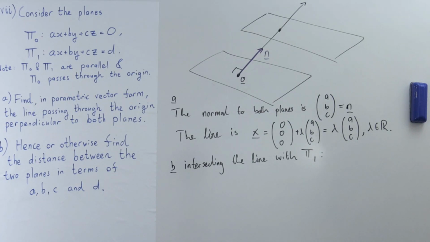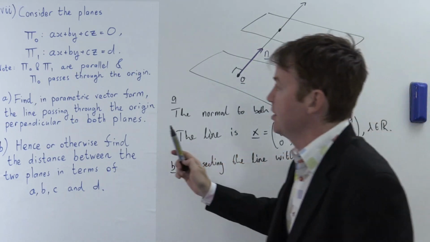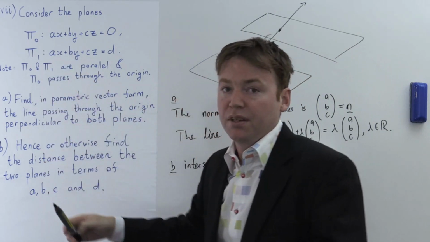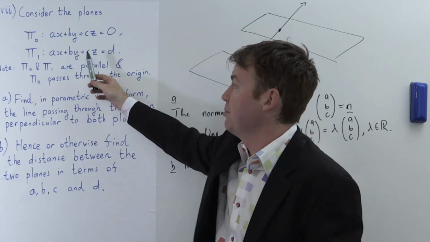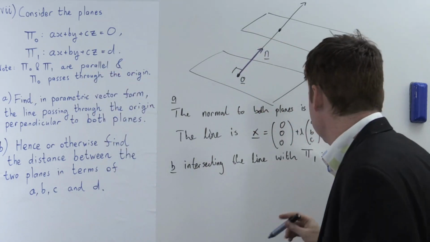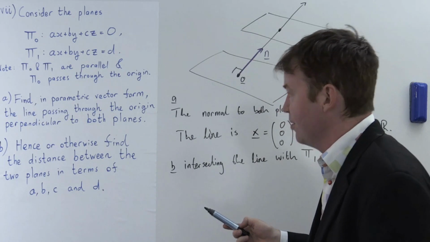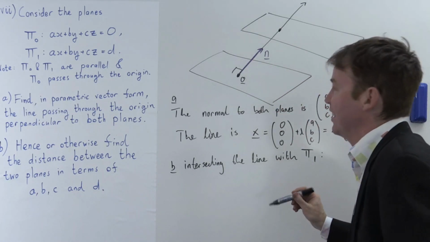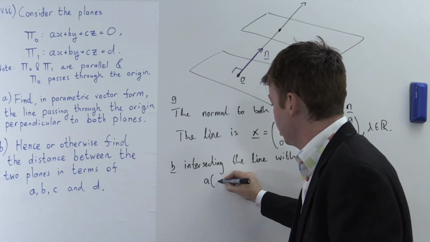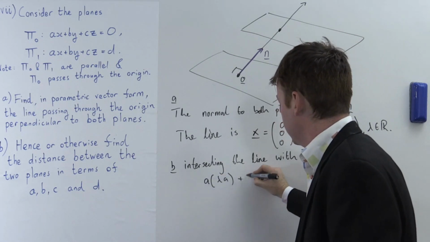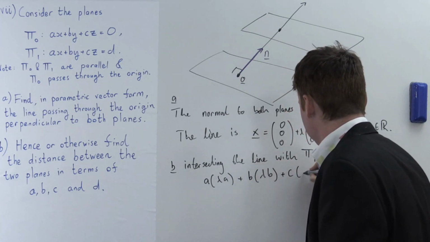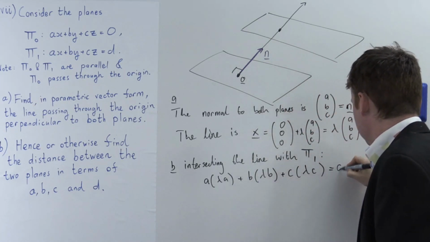If I'm intersecting these two things, I could just substitute one into the other. x has the shape lambda a, y has the shape lambda b, and z has the shape lambda c. That was correct. This tells me that a times lambda a plus b times lambda b plus c times lambda c is equal to d.